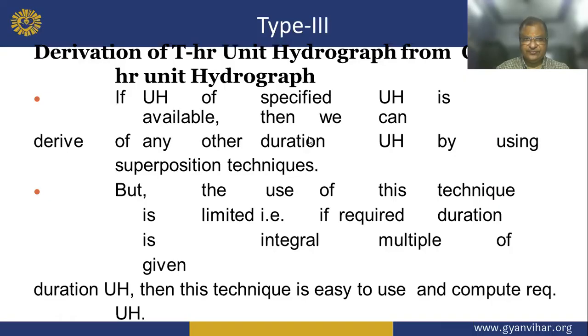This is the table. Type 3: derivation of a unit hydrograph of another duration from the given unit hydrograph.